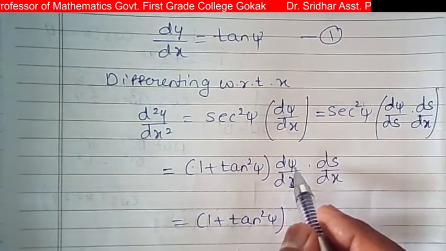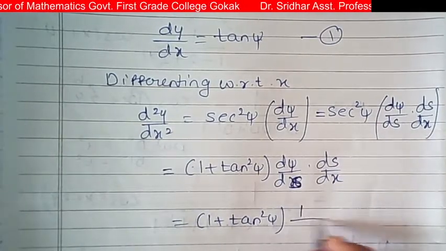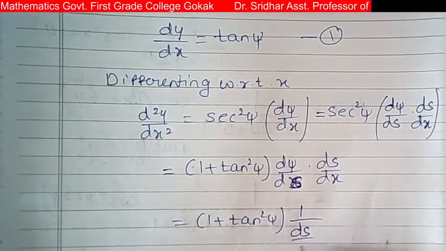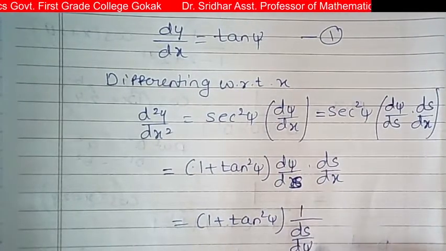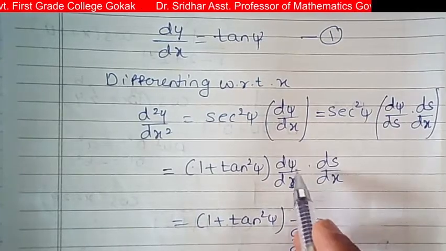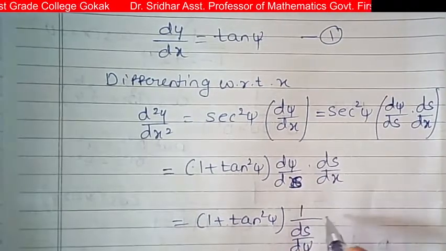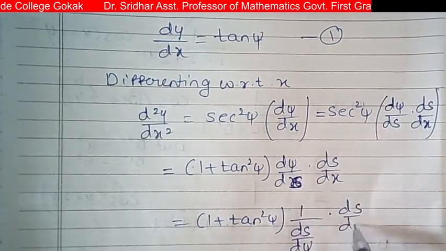Now this d psi by ds can be written as 1 divided by ds by d psi, and ds by dx stays as it is.